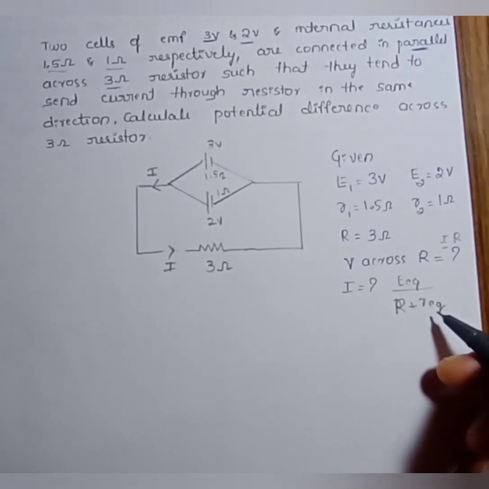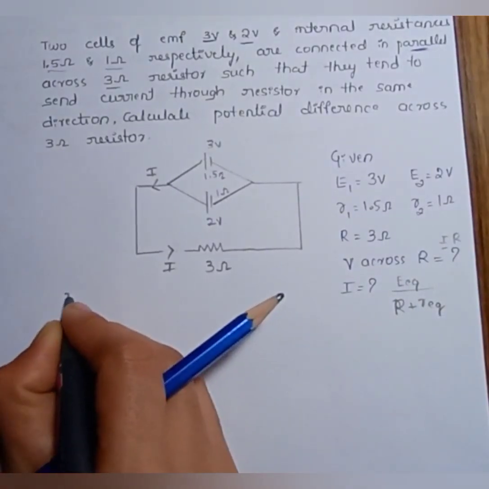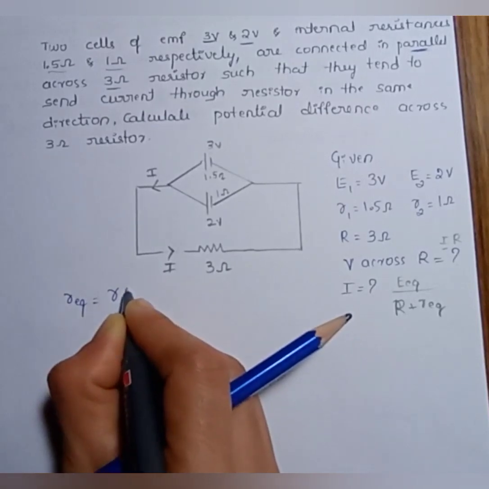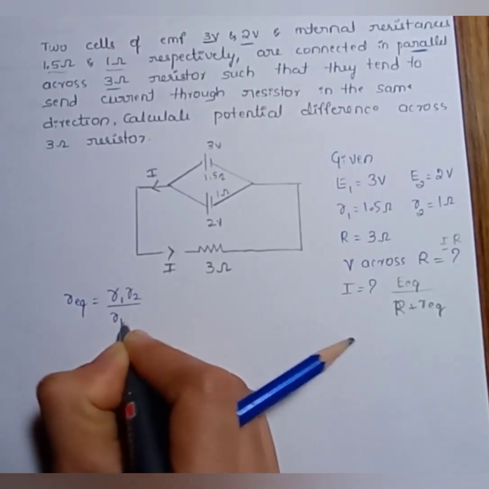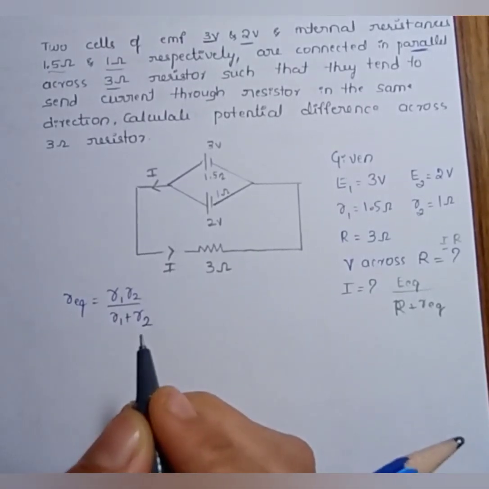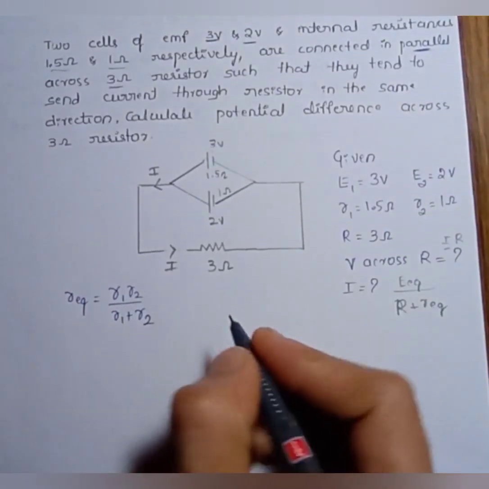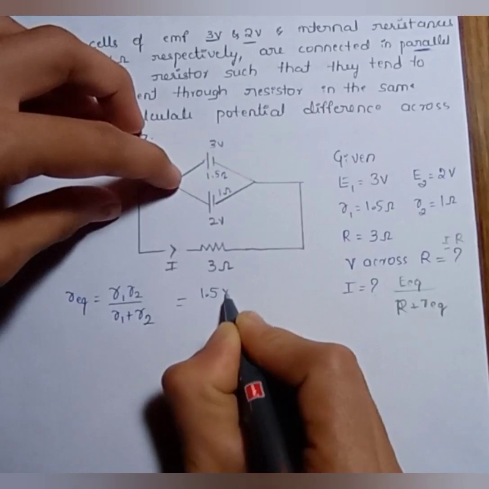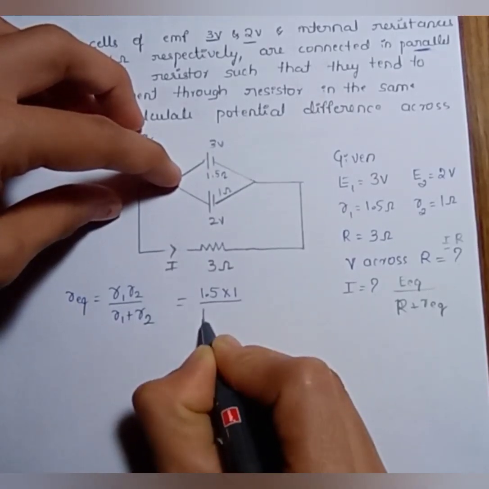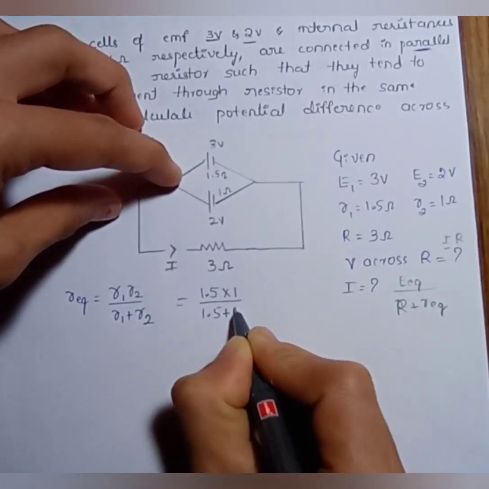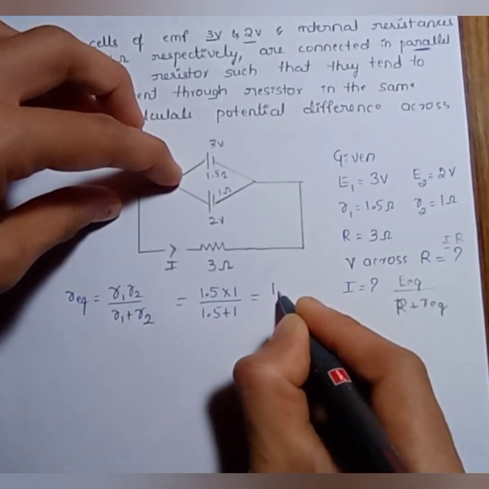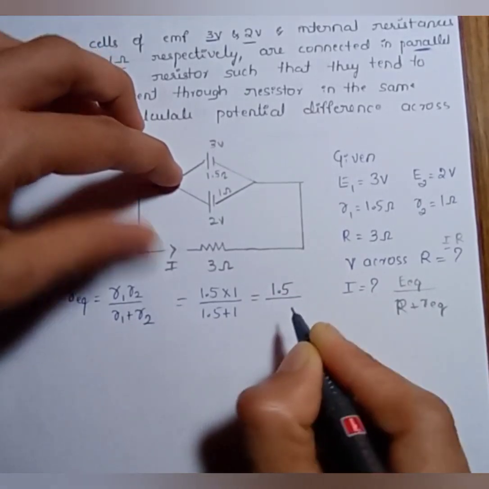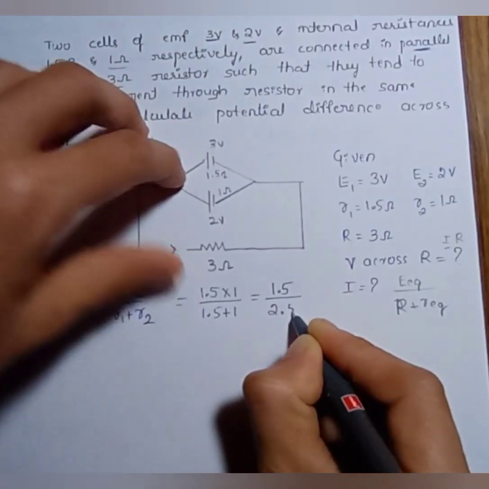First of all, R equivalent equal to R1 R2 divided by R1 plus R2. R1 is 1.5 into R2 is 1, divided by 1.5 plus 1, which is equal to 1.5 into 1 is 1.5, divided by 2.5.